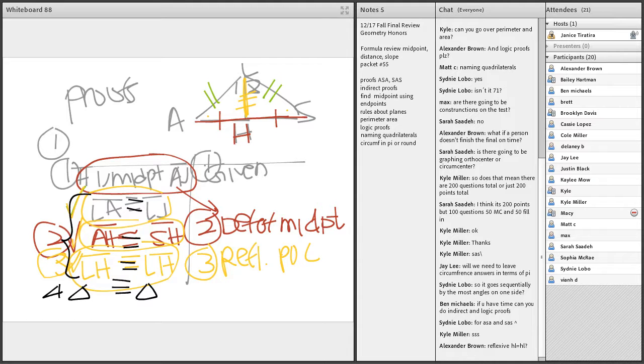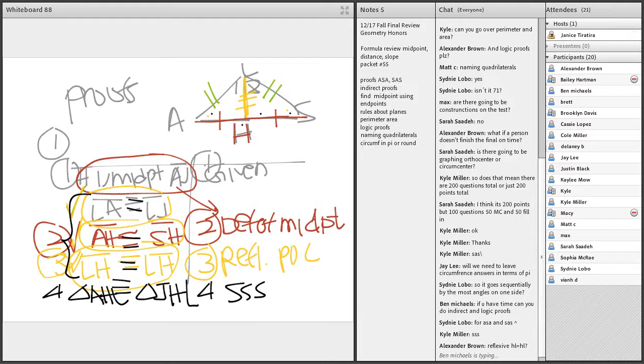It doesn't matter the order, but for triangle AHL, now we have to be picky. A matches with S, H matches with H, and L matches with L. So that's by side, side, side, like Kyle said.